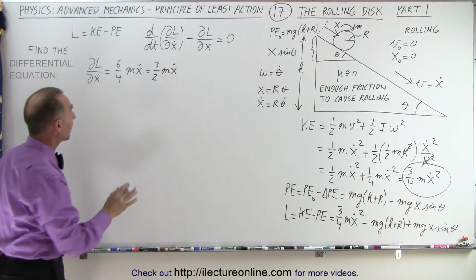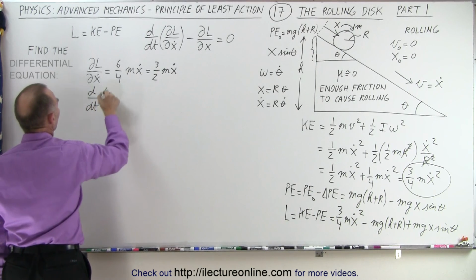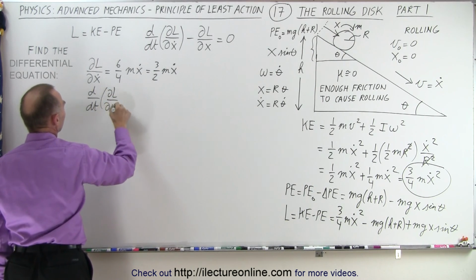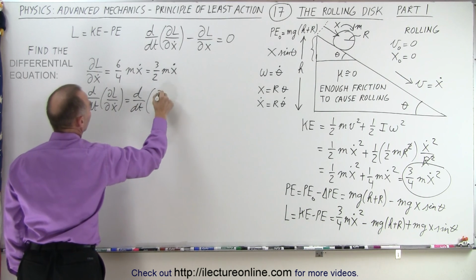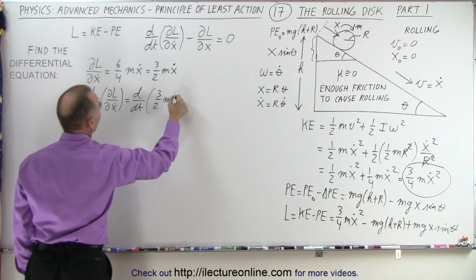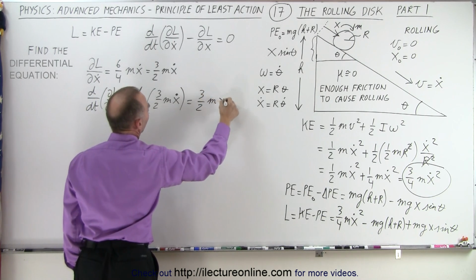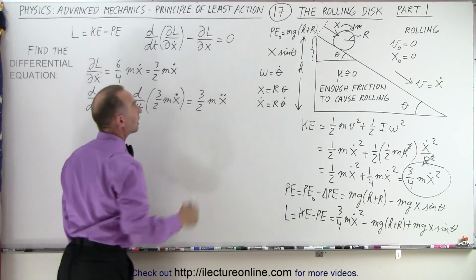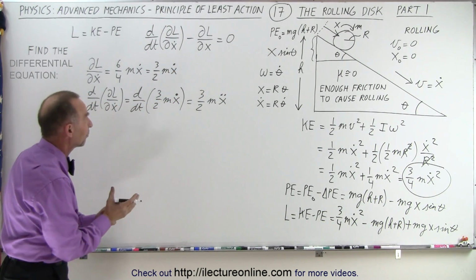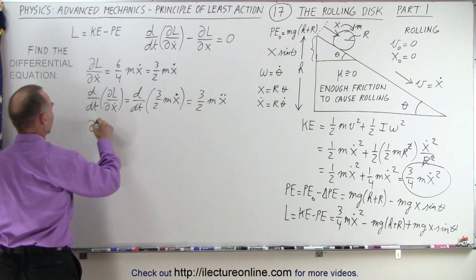So now we need to take the derivative with respect to time. So the d dt of the partial of L with respect to x dot is going to be equal to the d dt of 3 over 2 m x dot, which then becomes 3 over 2 m x double dot. All right, so now we have the left portion of the equation. Now we need the partial of L with respect to x.